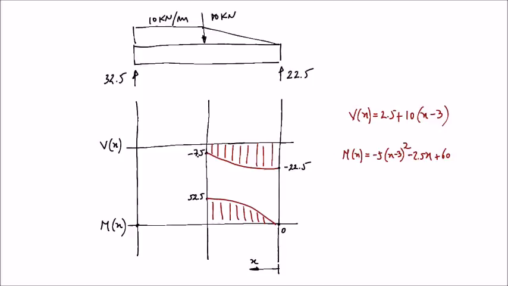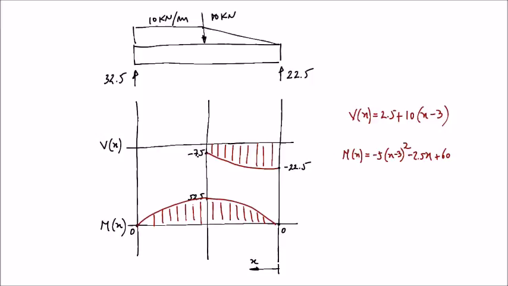We don't have any moment at point A. So we can then plot the bending moment, something like this.